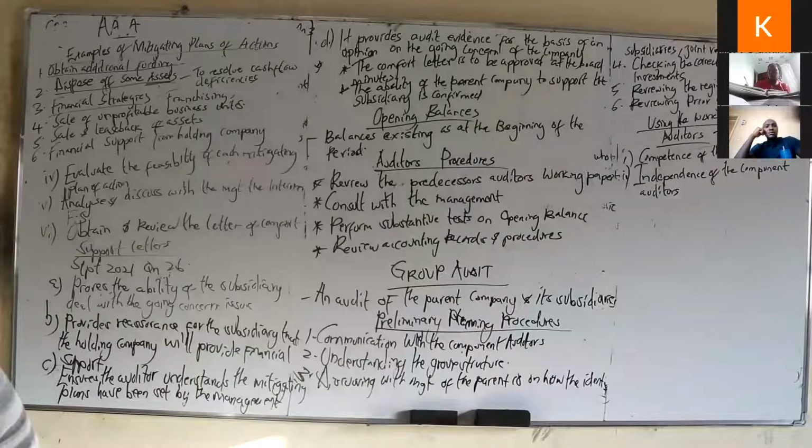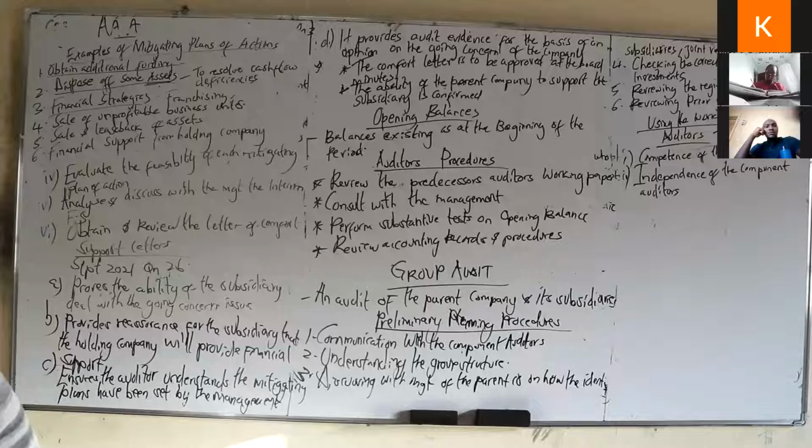Now, another thing that the auditor will consider in this case is whether the group engagement team will be able to involve the work of the component auditor to the extent necessary to obtain sufficient appropriate evidence.